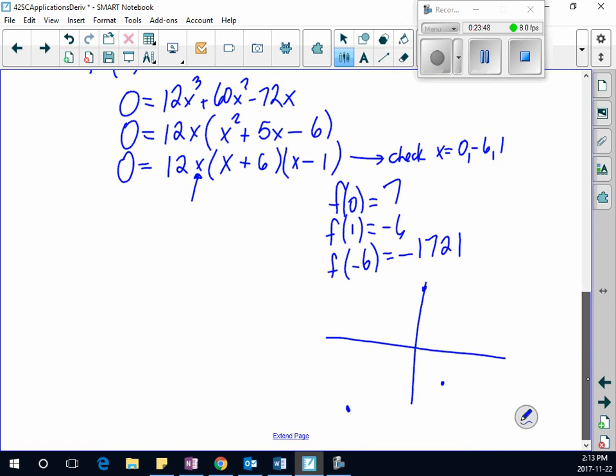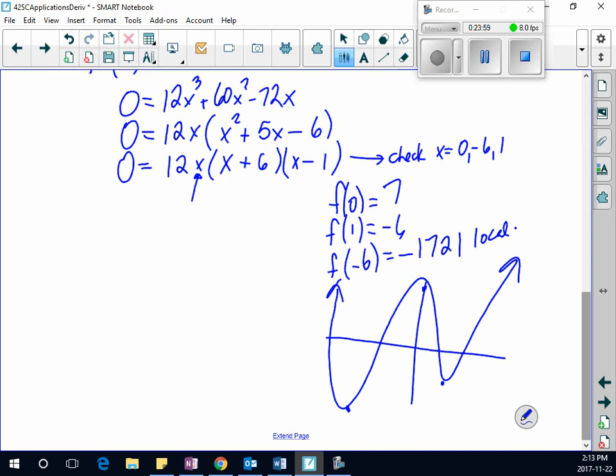Right? So it looks like this. So what do you think these are? This would be local min, and this would be a local max. So don't say it's absolute, right? But isn't negative 6 also local? Oh yeah. Local min. Very good.